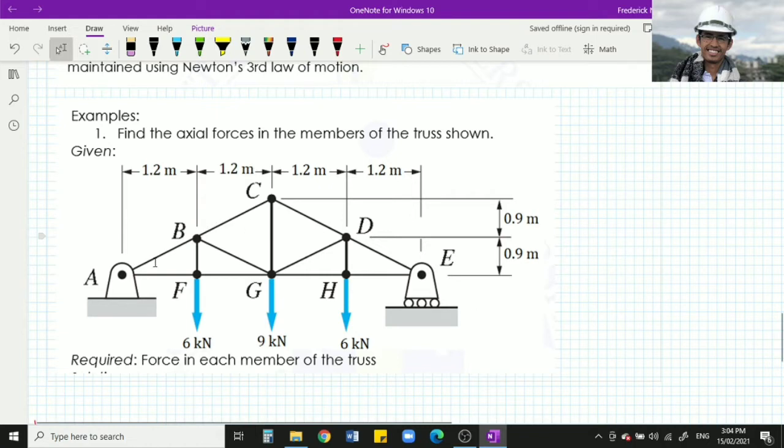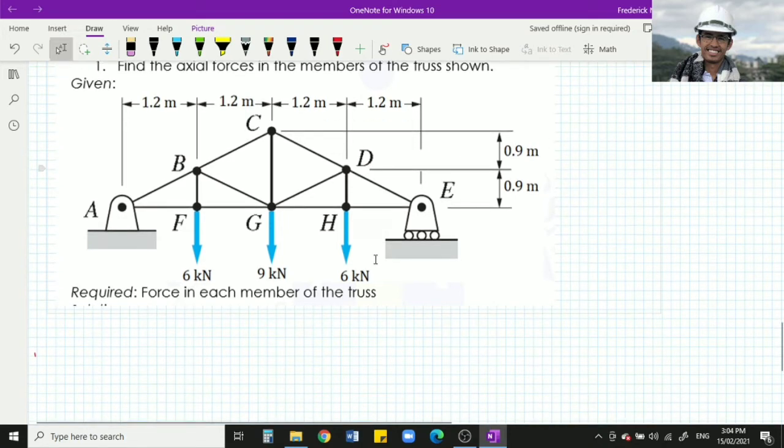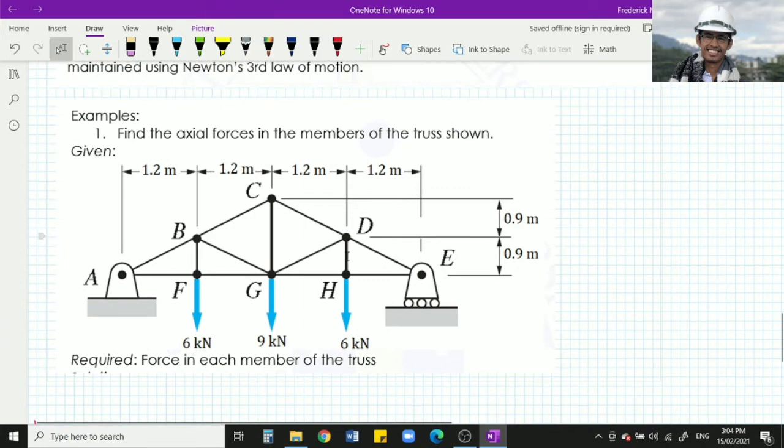So yan yung top chord natin. And bottom chord natin will be member AF, FG, GH, and HE. And we have the web members, which is yung BF, BG, GD, and DH.